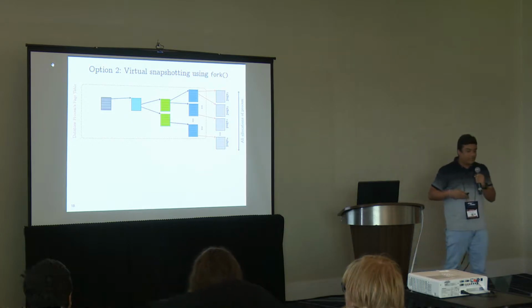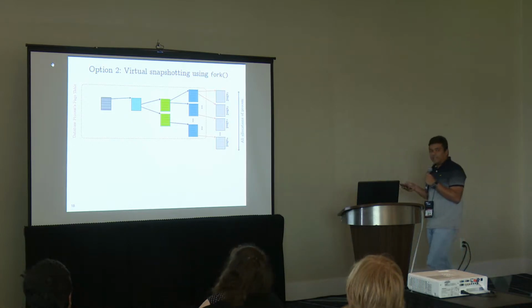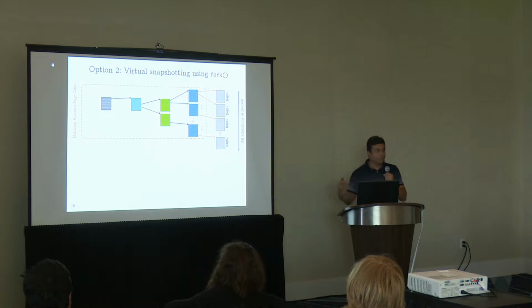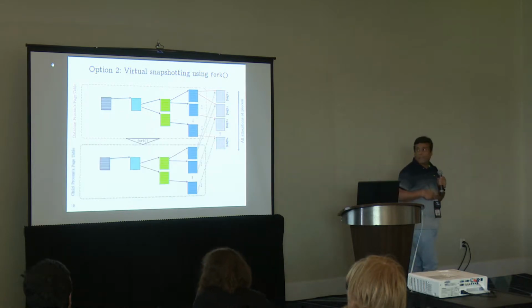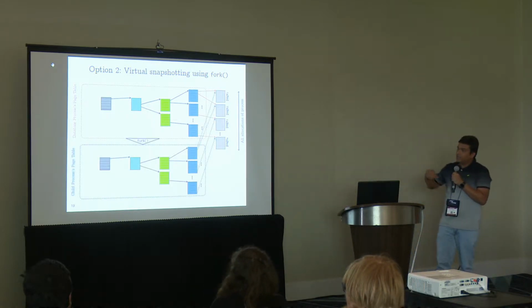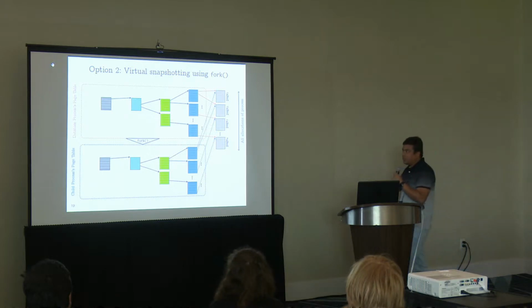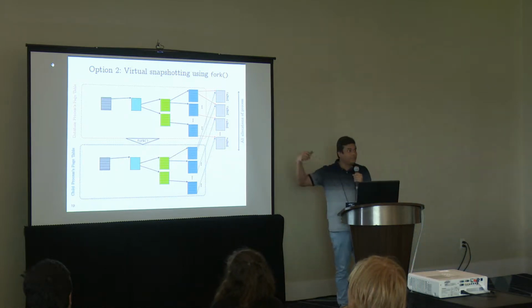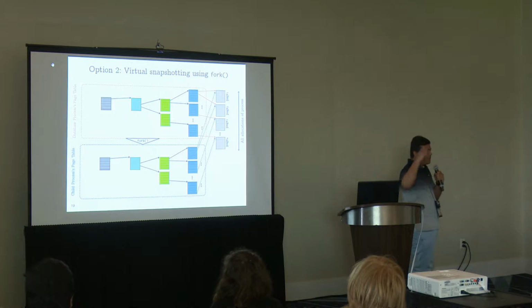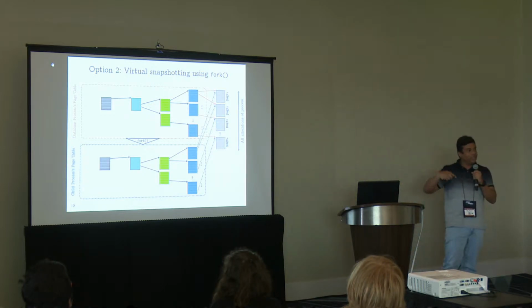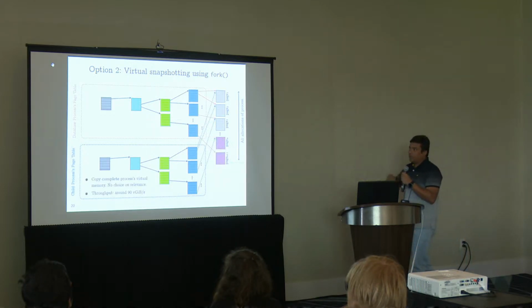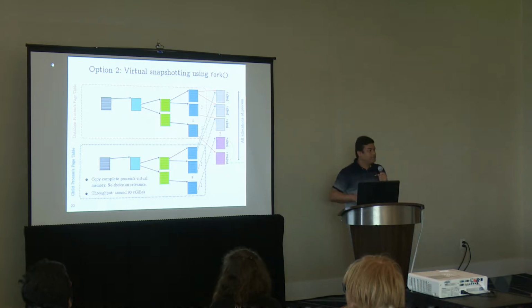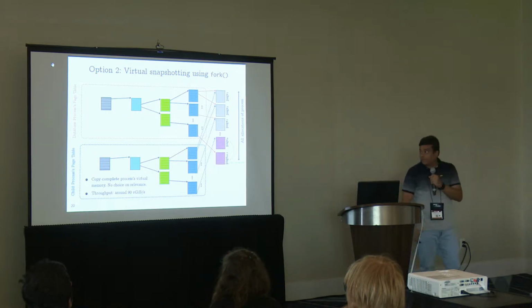Instead of copying the data that you have, you copy the page tables. It creates a new process that has a page table which maps to the original pages. So instead of copying the data physically, you only copy the page table entries. And whenever you want to write, the operating system performs a copy on write.